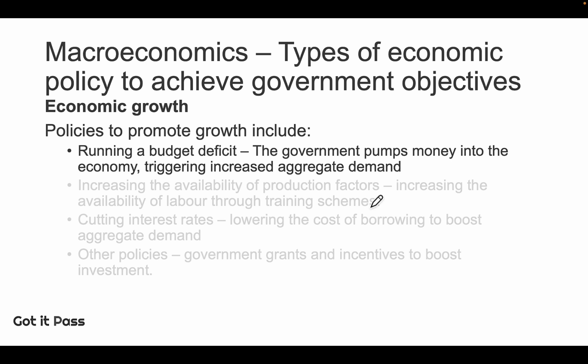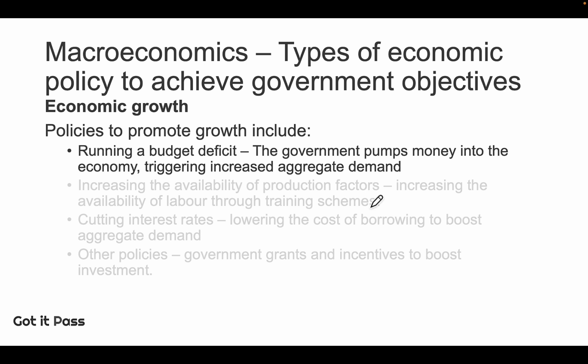First, running a budget deficit. It is the fiscal policy. A government could pump money into the economy, triggering increased aggregate demand. It is the concept behind the Keynesian economics.